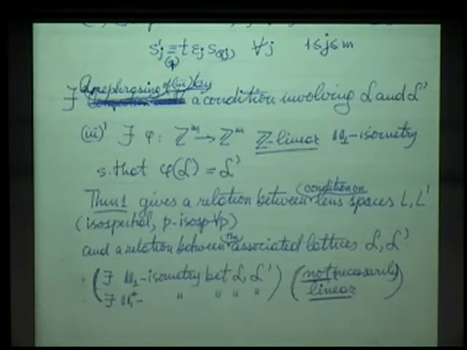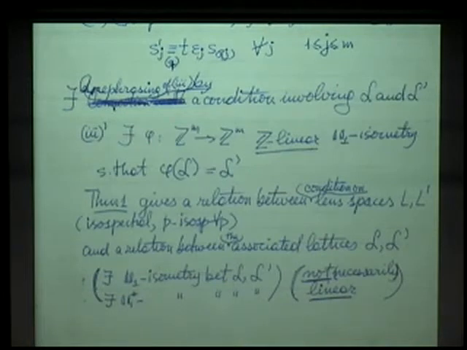So this tells us when. Our condition gives a similar relation, in the sense that we have to have a norm 1 isometry, but now it need not be Z-linear. It need not be linear. It will be a norm 1 isometry such that the number of elements of a certain fixed length will be the same for both lattices.